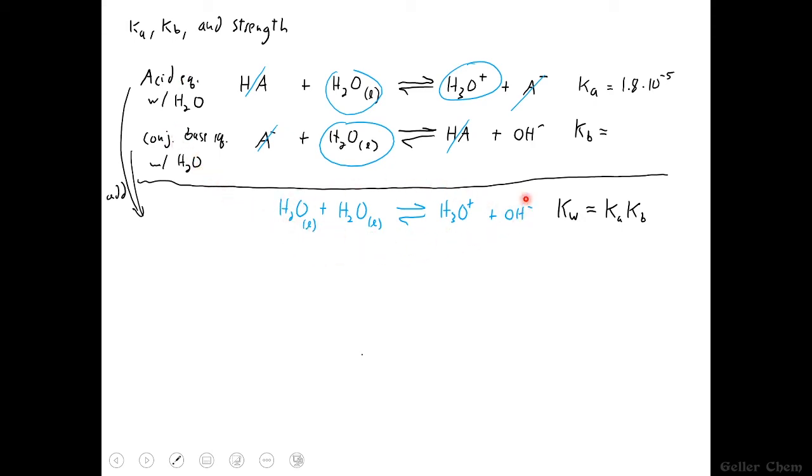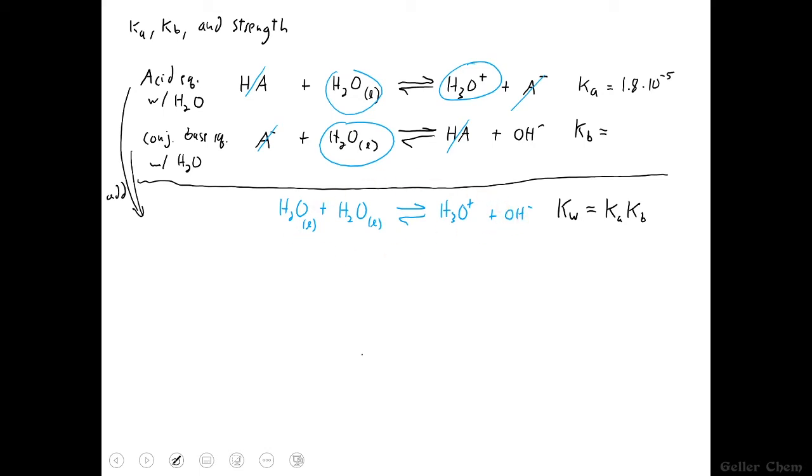So regardless of the H3O plus produced by an acid or the hydroxide produced by a conjugate base, at the end of the day, the H3O plus and hydroxide will find concentrations that multiply to Kw because this equilibrium is always present in the background.